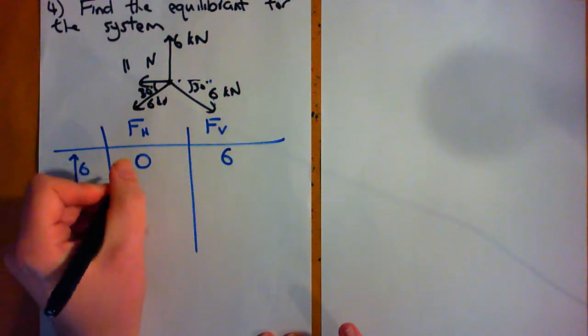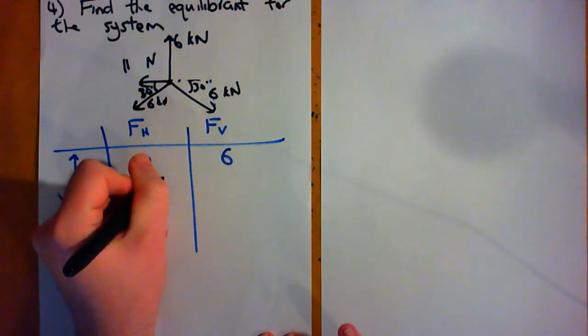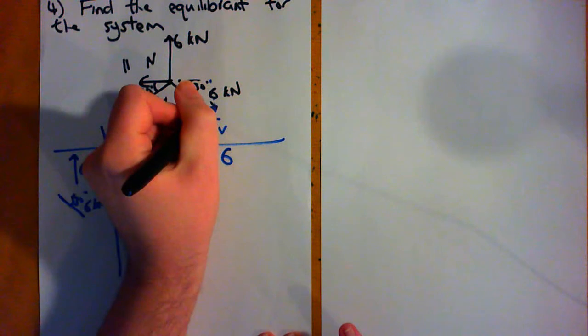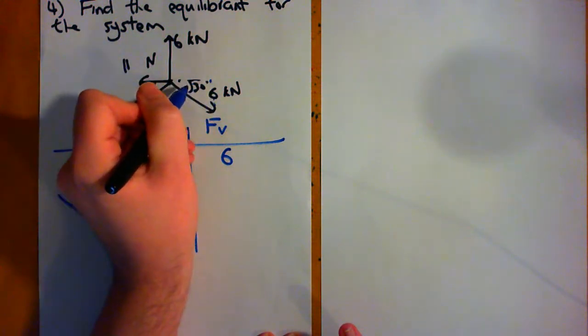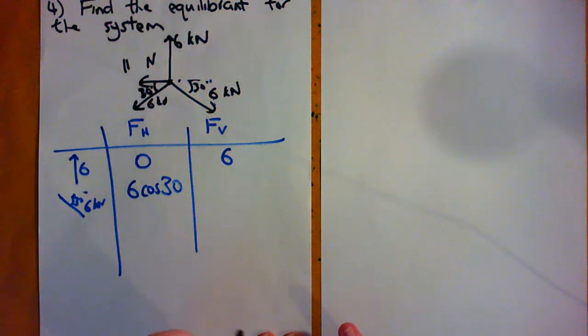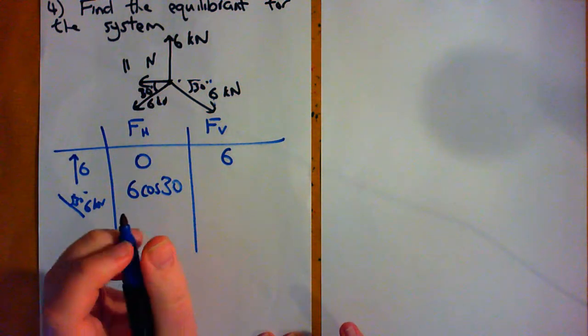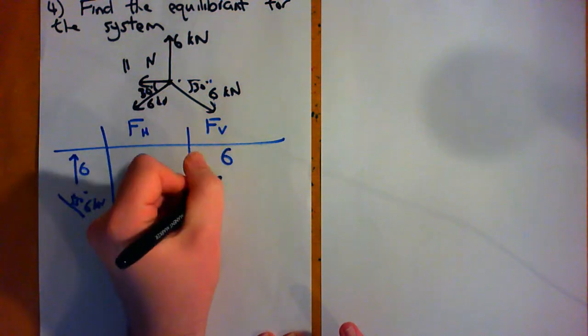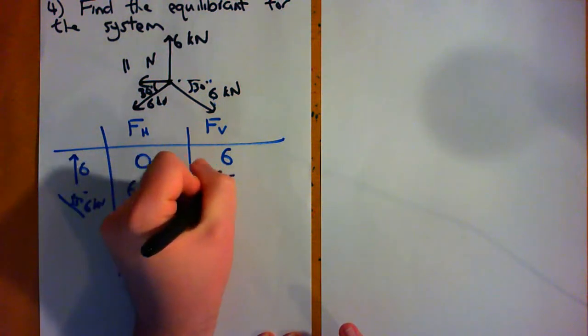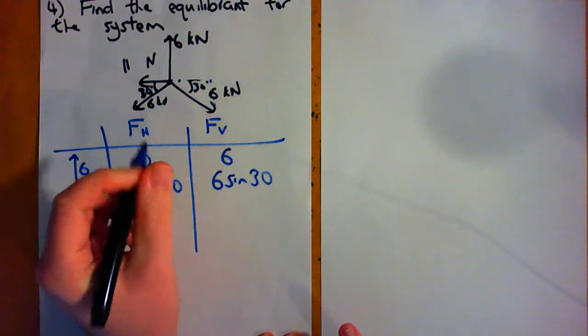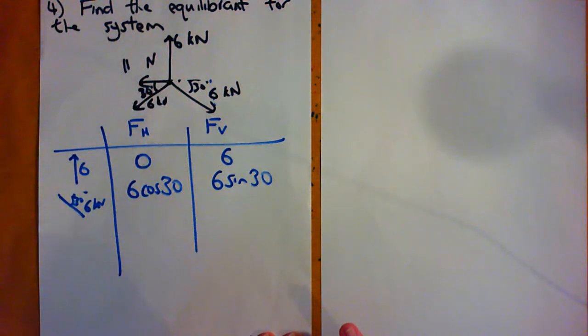So it's 6 times cosine of 30, and the vertical component is the opposite, and we know the hypotenuse is 6, which means we are looking at the sine side. So this is going to be 6 times sine of 30, but this is below the horizontal, it's pointing downwards, so the vertical component is negative.